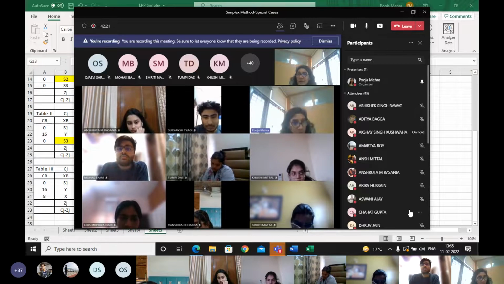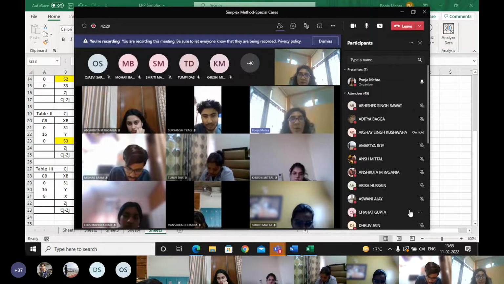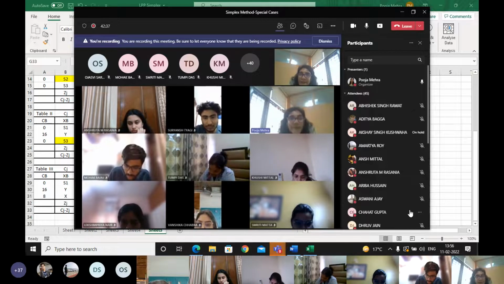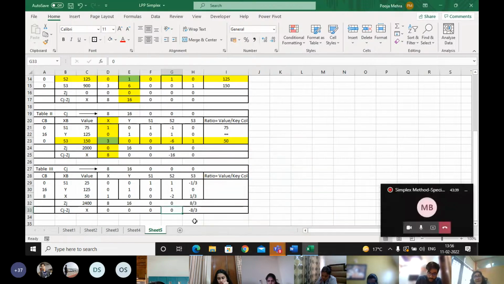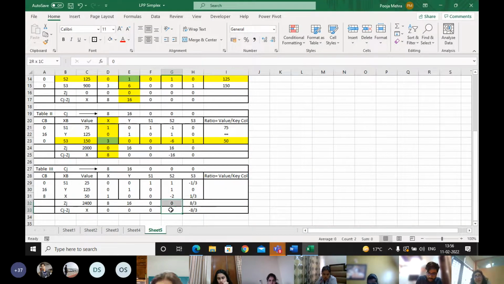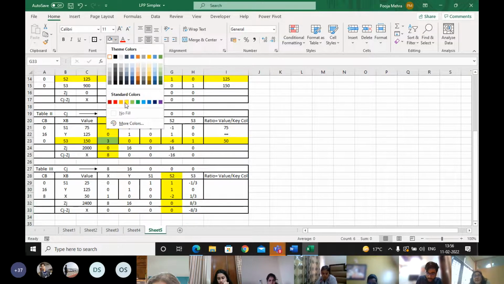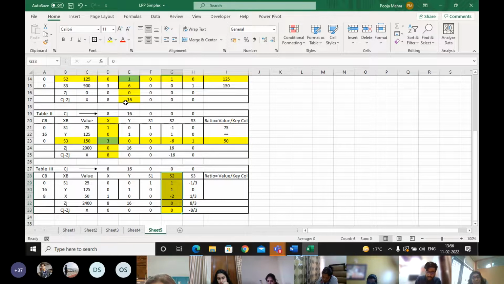So if in a final table, apart from the basic variables, a non-basic variable also has a zero coefficient in the index row, then the problem has multiple optimal solutions. You can find the alternate solution by selecting that non-basic variable, corresponding to which we have a zero coefficient in the index row, as a key column.